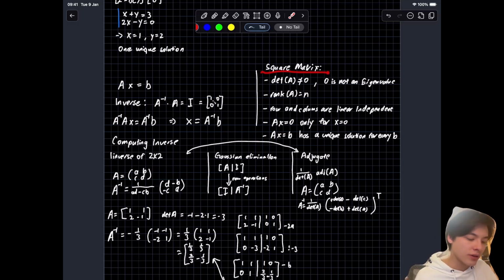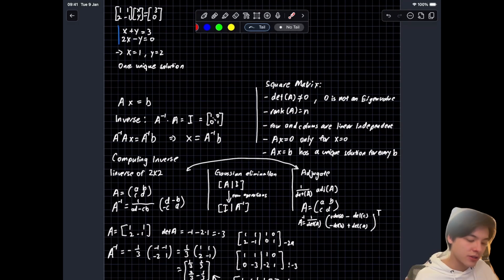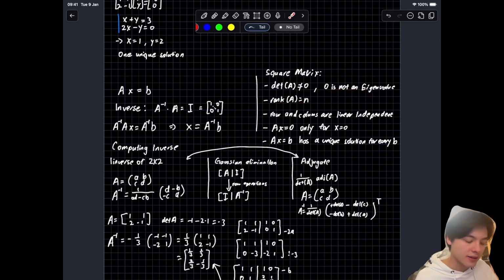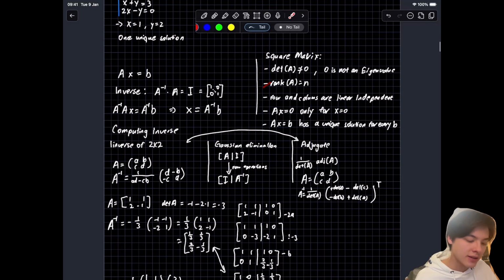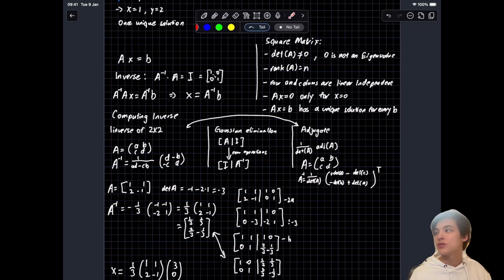So the inverse for square matrices exists if the determinant is not equal to 0, so 0 is not an eigenvalue. Also the rank is full, that means our rows and columns are linearly independent. Ax equals 0 is only true for x equals 0. Ax equals b has always a unique solution for every b.